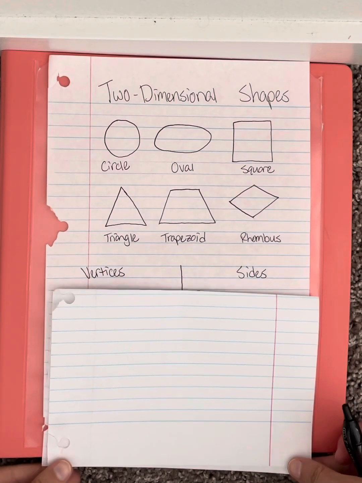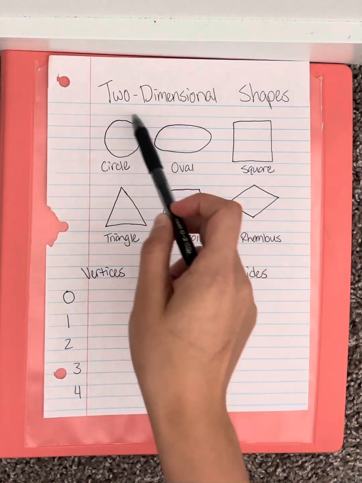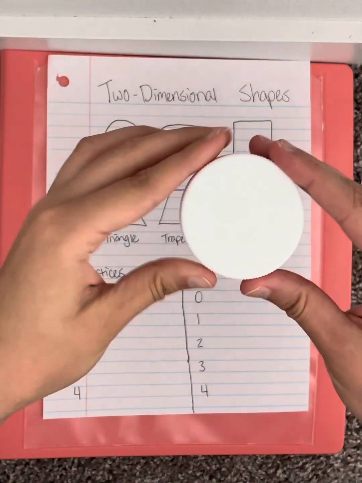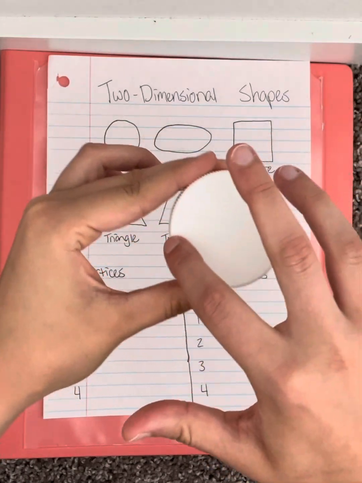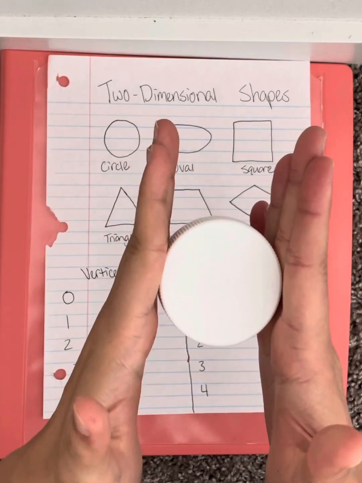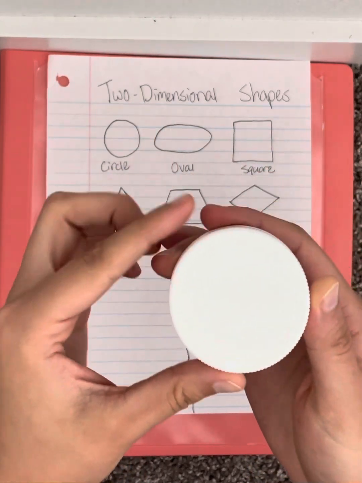Let's look at the first shape, a circle. As we can see, a circle is round all the way around, and I have a visual right here that we can look at. There's no sides or vertices, because there are no sides on here where they come to a point. It's just round all the way around.